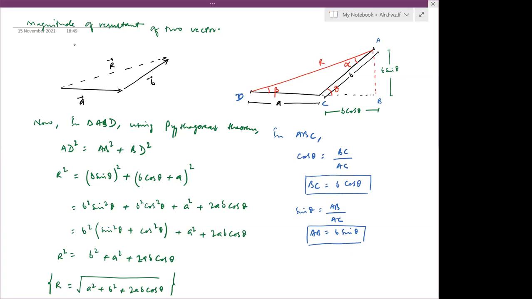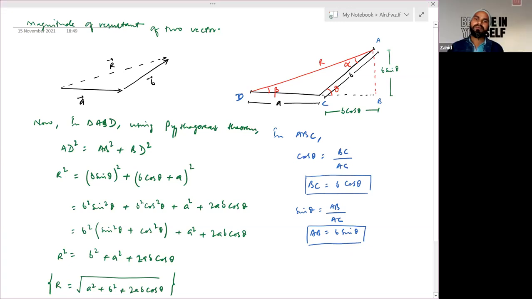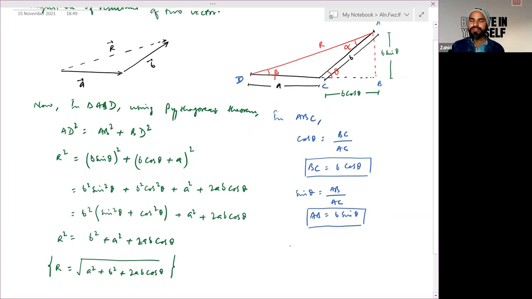Yes, sir. Similarly, we may define the direction of the resultant by taking this beta. First, write it down to this part.